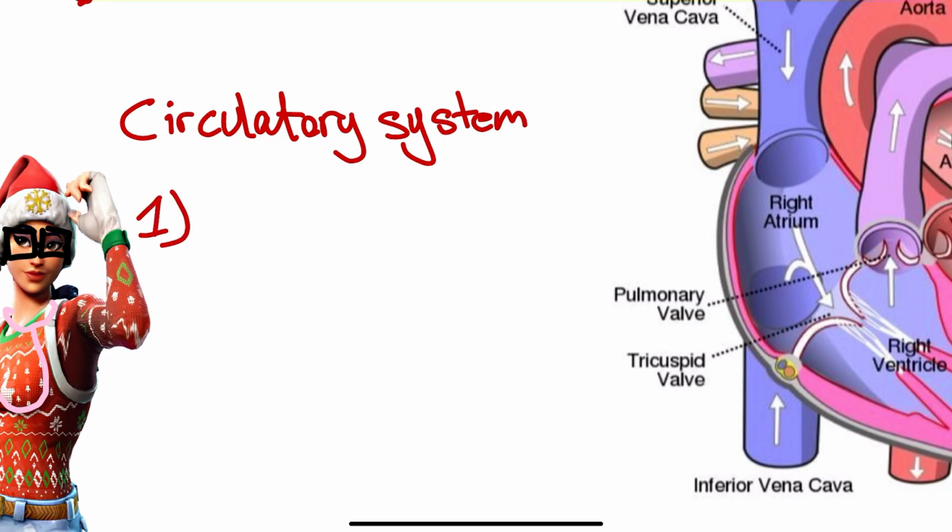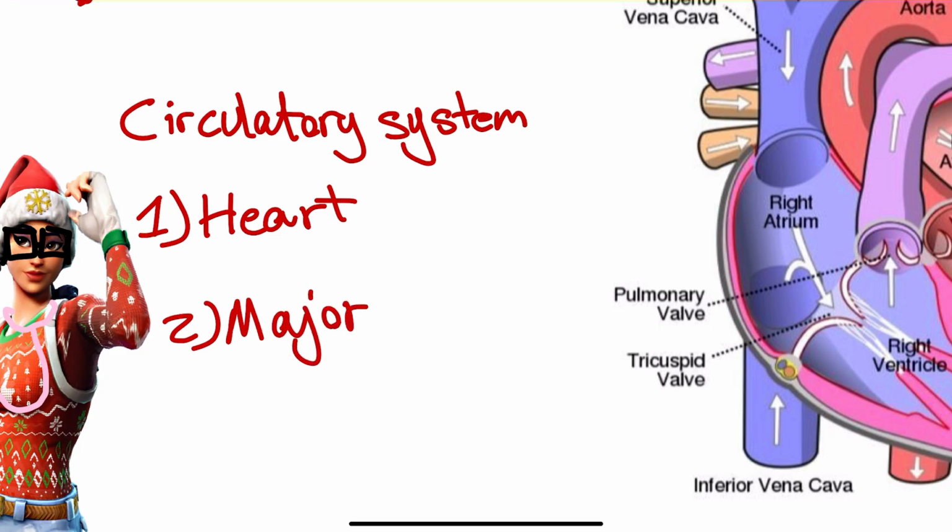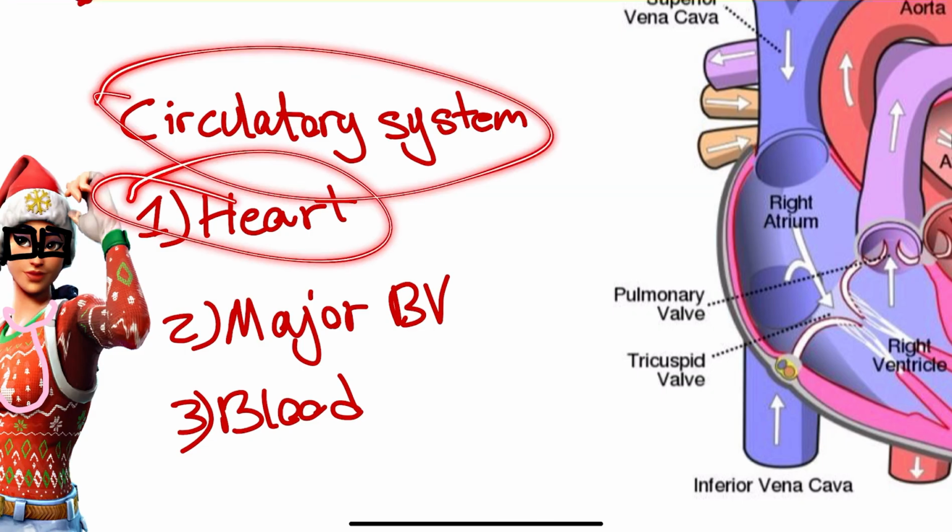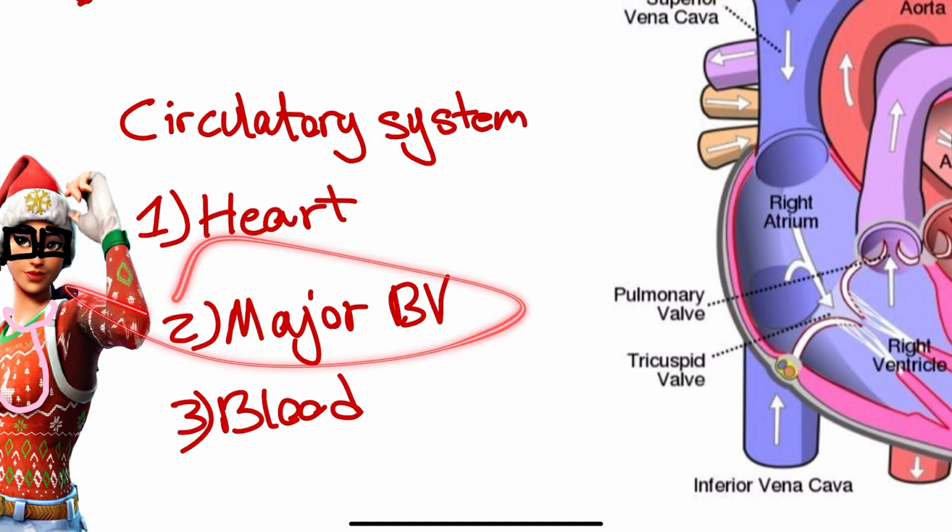Number 1, obviously, the heart. Number 2 is major blood vessels. And then 3 is blood itself. So the 3 major components of the circulatory system are going to be the heart, the major blood vessels, and then the blood.